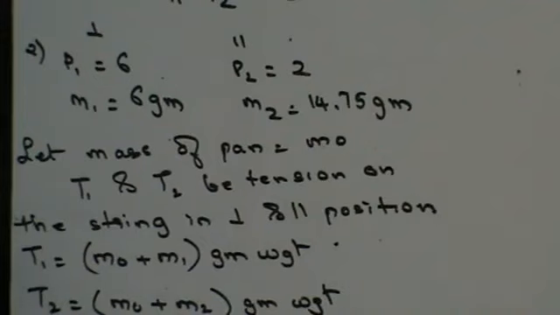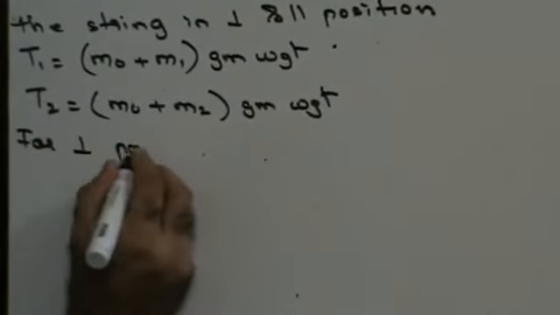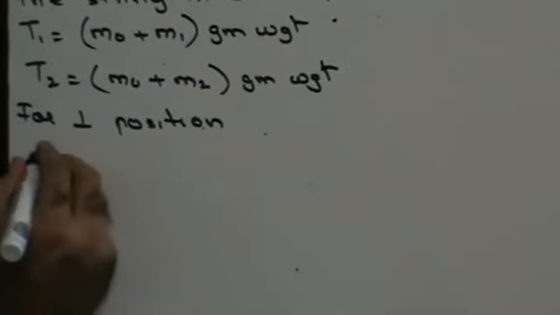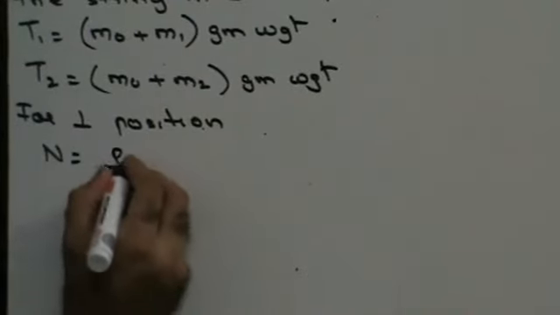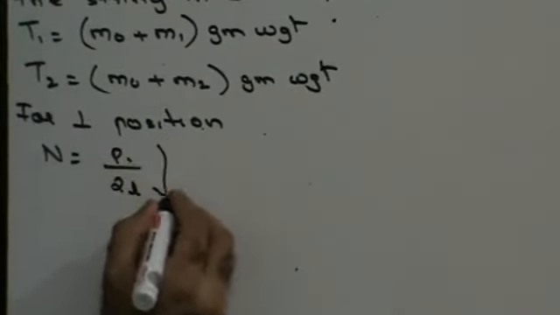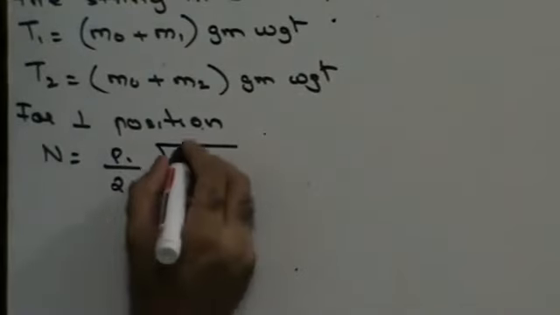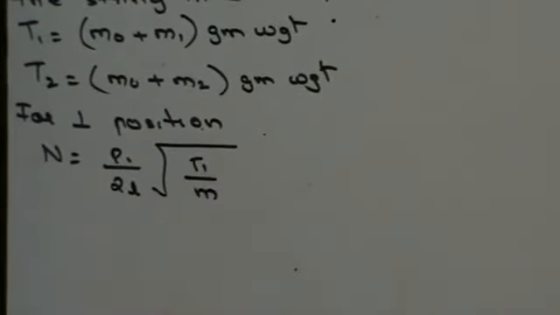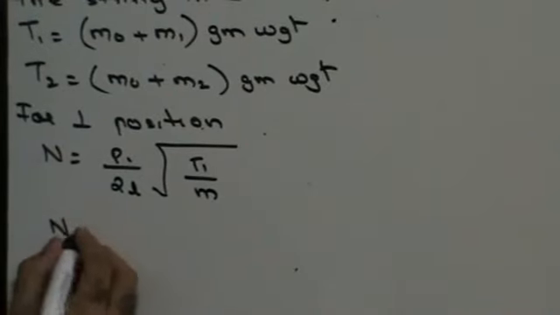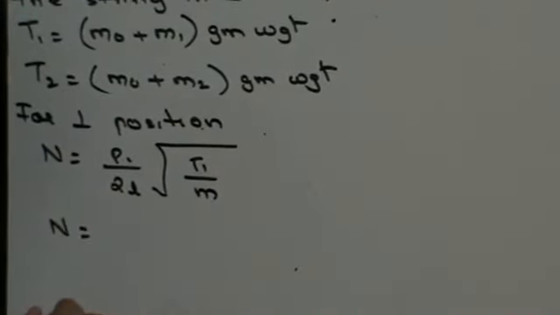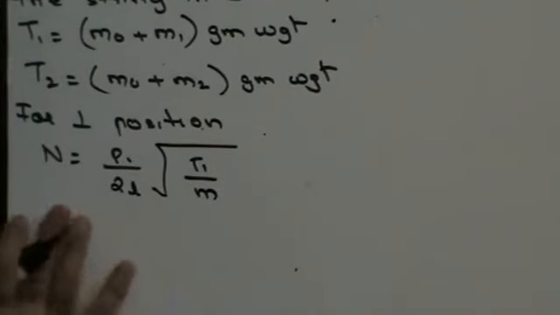Once you know this, now for perpendicular position, we know that frequency n is nothing but p upon 2l square root of T1 upon m, right? So in that case I can say that frequency n is, let's leave that there.